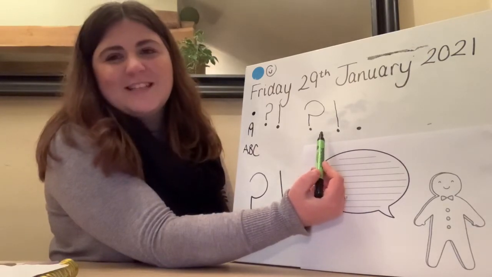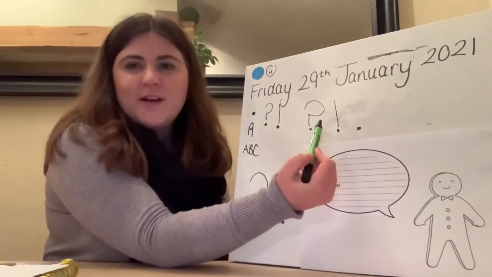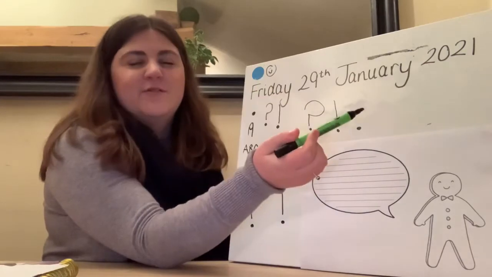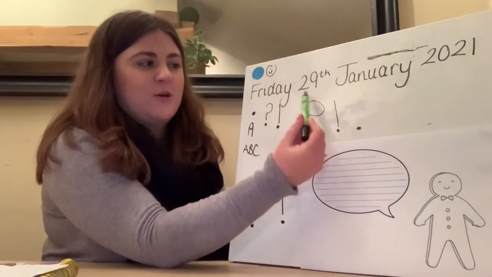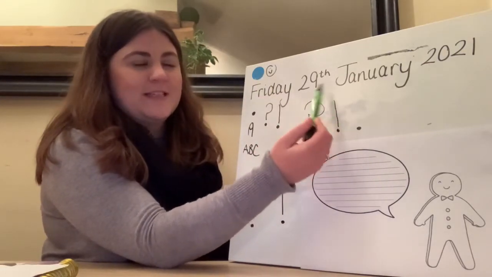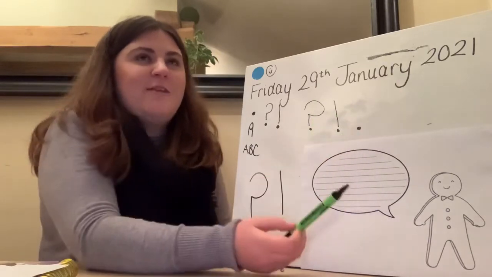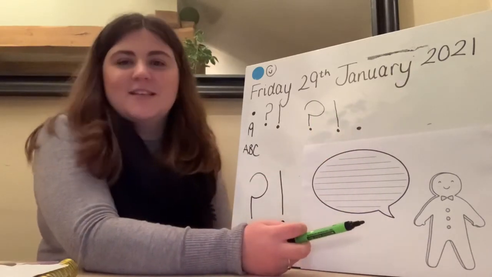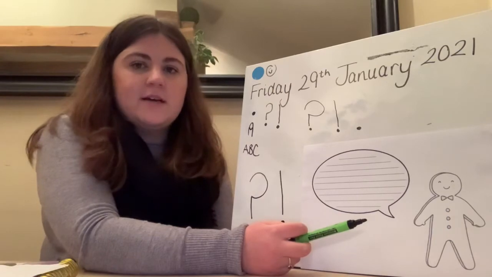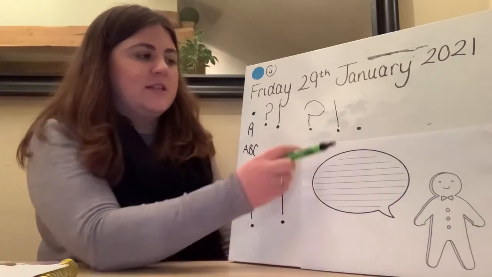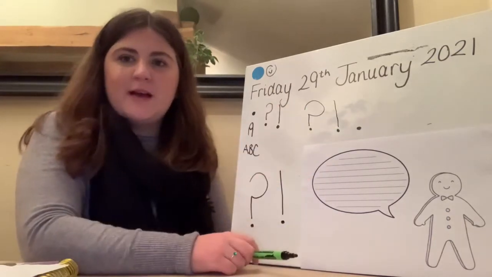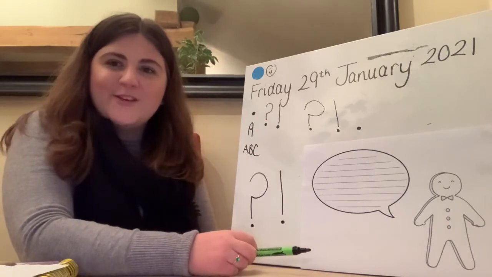So that's a nice little way of how you can remind yourself that these come at the end of a sentence. Okay, whether it's a question or you're exclaiming something, so you're shouting or you're excited. Okay, so pause the video here, guys. Have a go at doing 10 of each and then press play again when you are done.